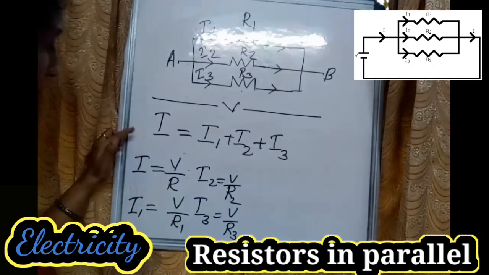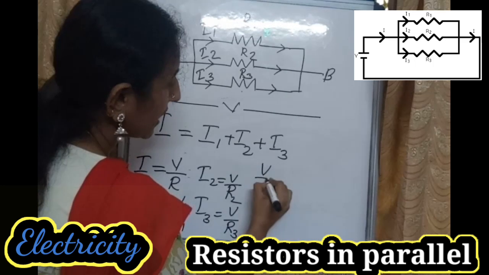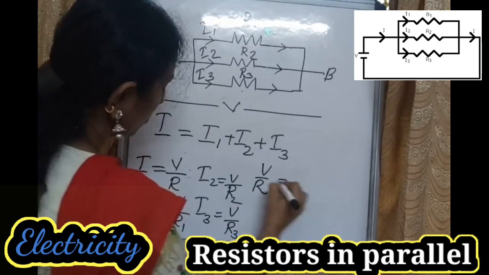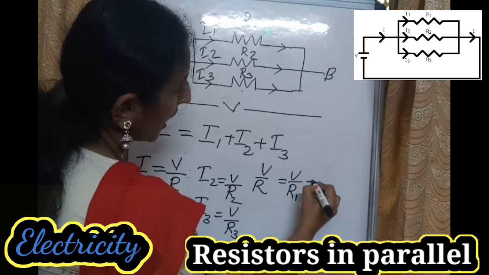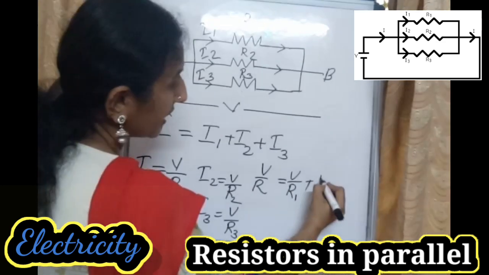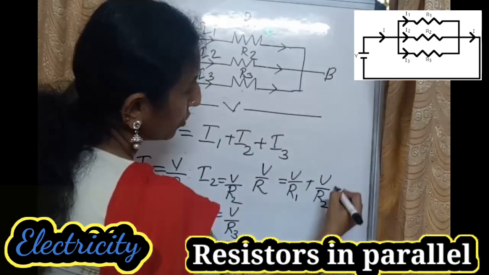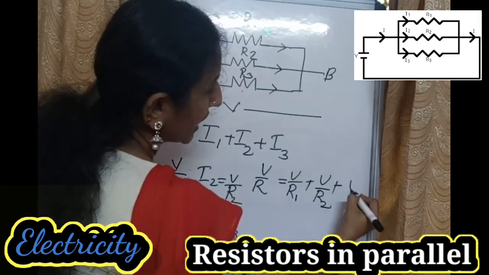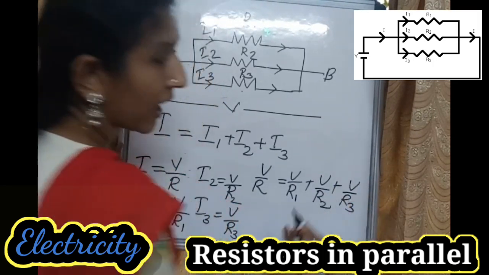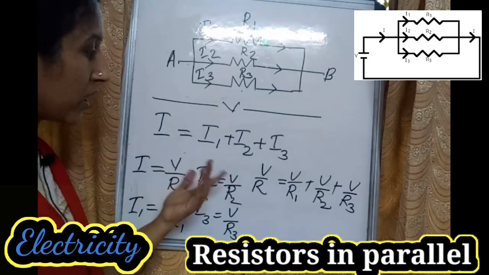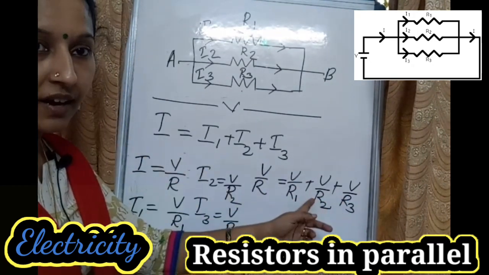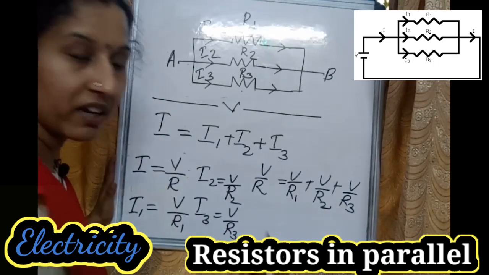Then substitute: V by R equal to V by R1 plus V by R2 plus V by R3. Then as usual V is common here, right? So take V out.